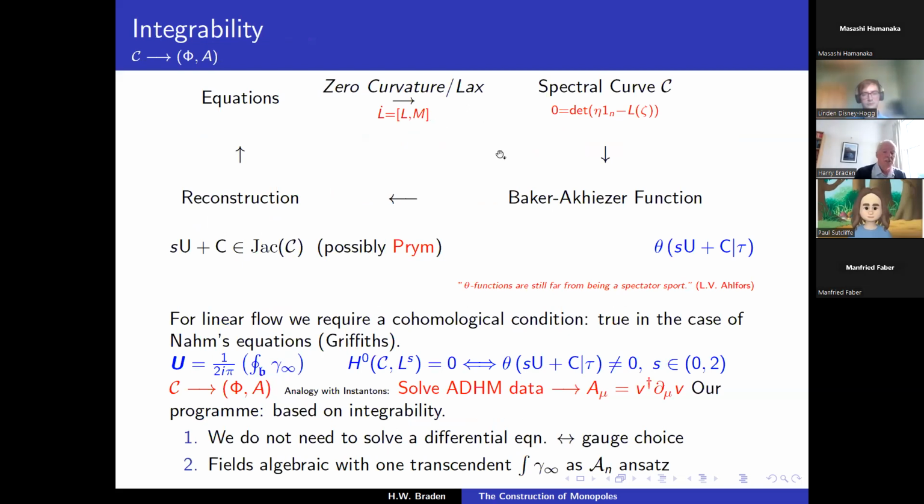And there's a general structure here that I'll alert you to. So we have equations, for us, the BPS equations. We express them in zero curvature form, and we get a curve. The function theory of that curve enables you to reconstruct the equations. Now, clearly, there's lots of machinery in here, and I'm not wanting to take you through all of the fine details of that.